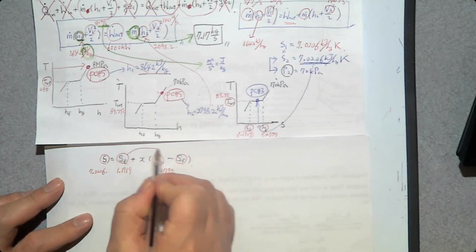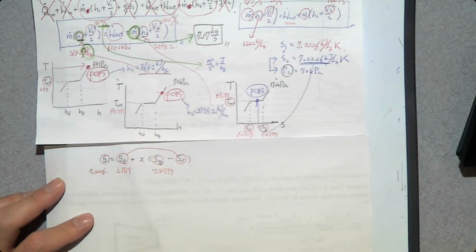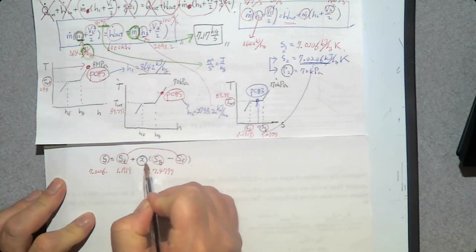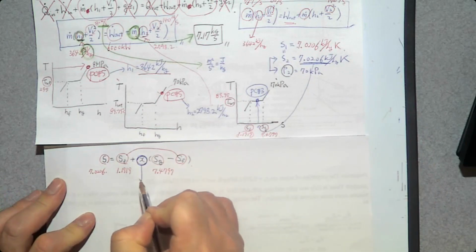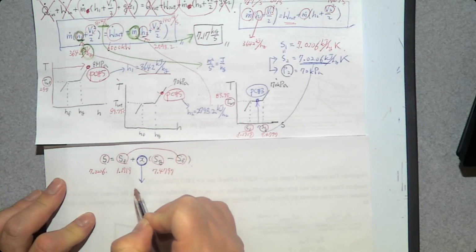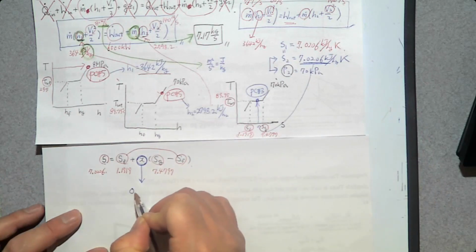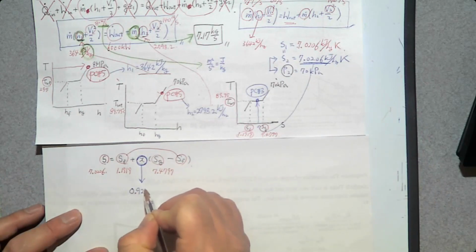Then we have everything. Can we determine the quality X? Now, yes, we can. Then what is the quality X? 0.927.